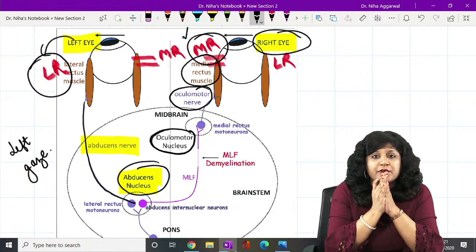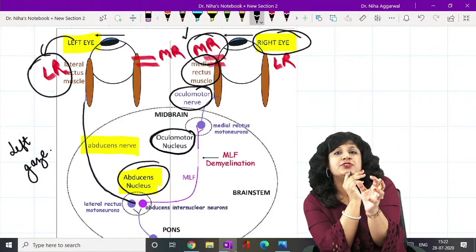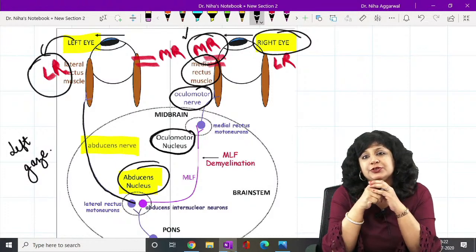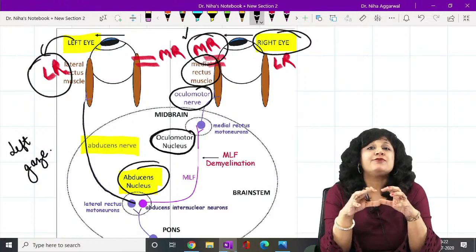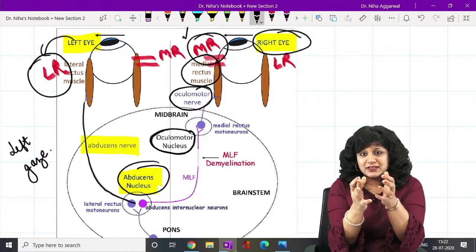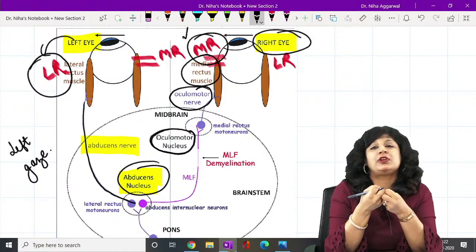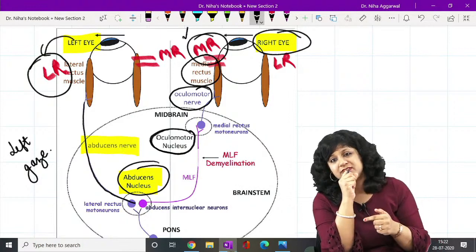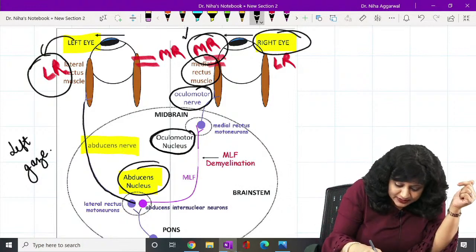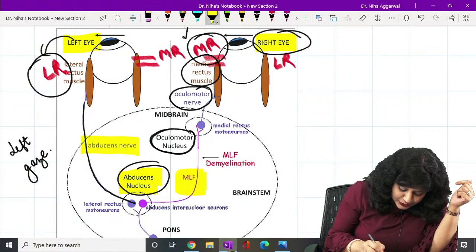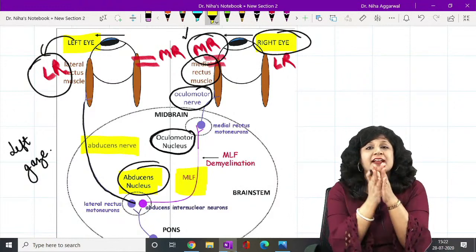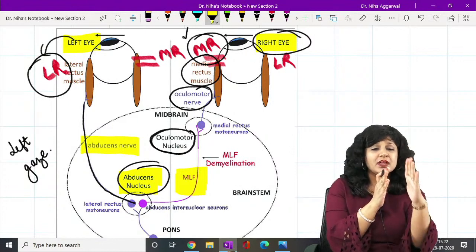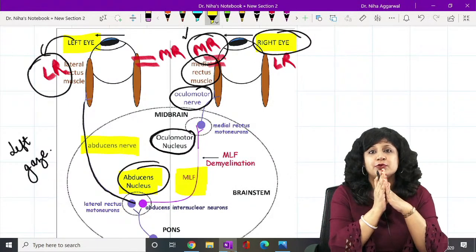On one side I have the abducent nucleus and on the other side the oculomotor nucleus. When there is a problem with the fibers connecting these two nuclei, that is called internuclear ophthalmoplegia. These fibers are the medial longitudinal fasciculus, which connects the third nerve nucleus and the sixth nerve nucleus.